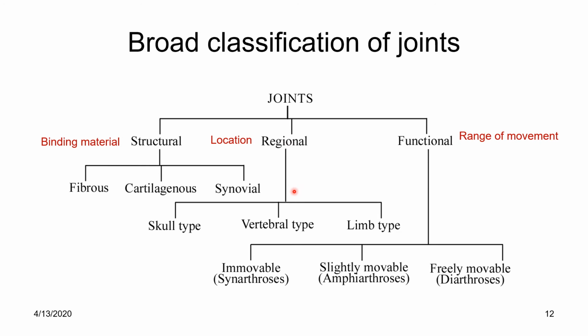In the regional classification, it is further divided into skull type, vertebral type, and limb type. In the functional classification, it is divided into immovable joints, which are known as synarthrosis, slightly movable joints, which are known as amphiarthrosis, and freely movable joints, which are known as diarthrosis.